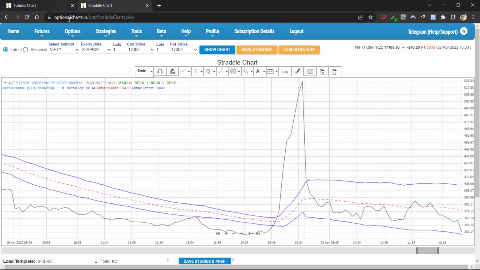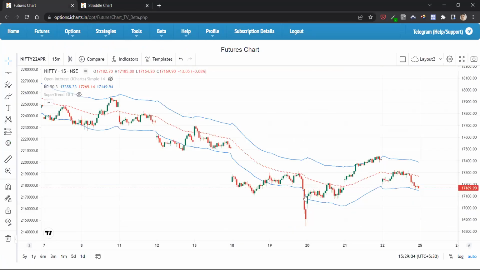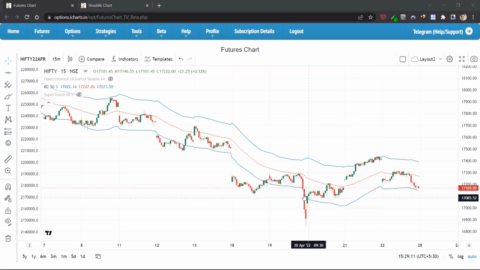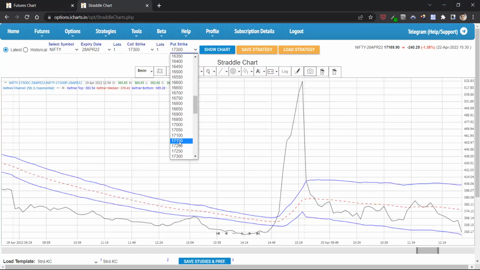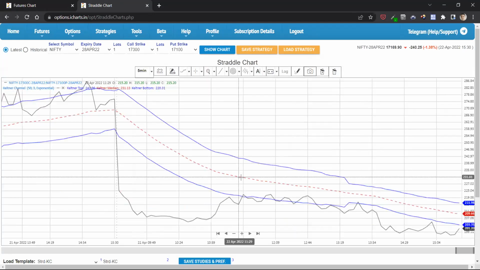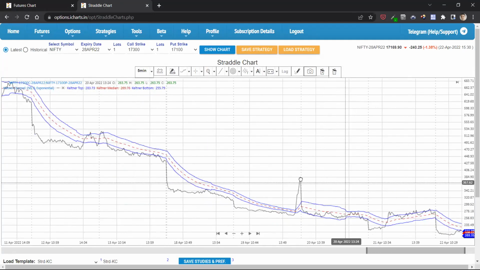So the idea is, again, by 3 o'clock, you would see we are somewhere here, which is 17.1. So we'll have to move this down to 17.1 just to see if it is getting in control.